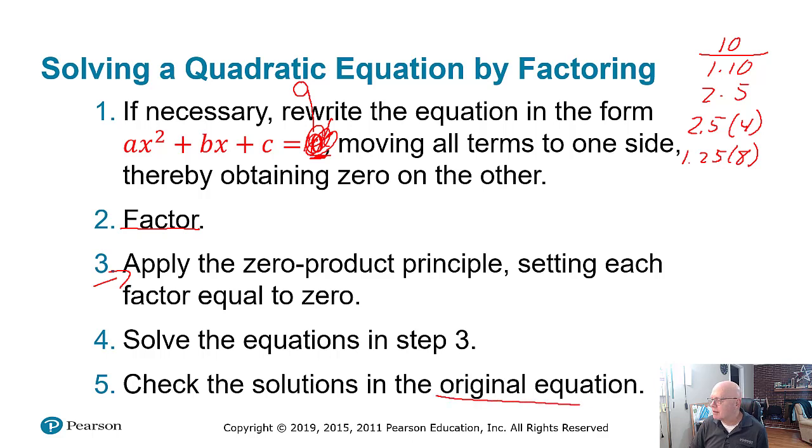Now this is very important. Go back to where you actually began and check your solutions in there. Make sure they work in the place where you started. That might be a word problem. You might have to go back to the sentence or the paragraph and make sure those numbers work.